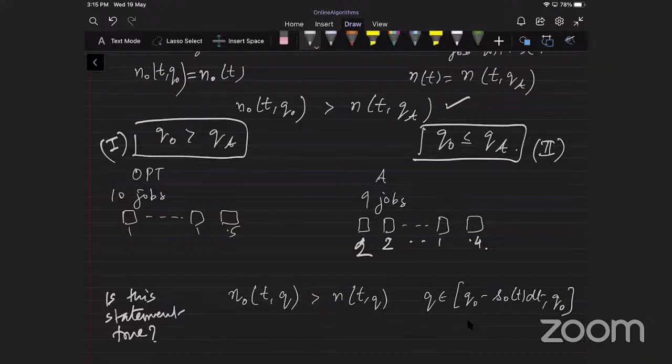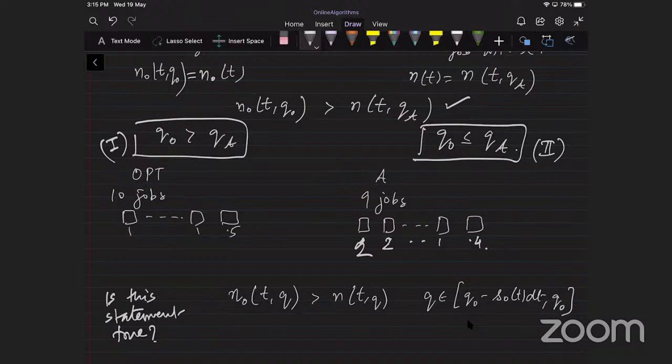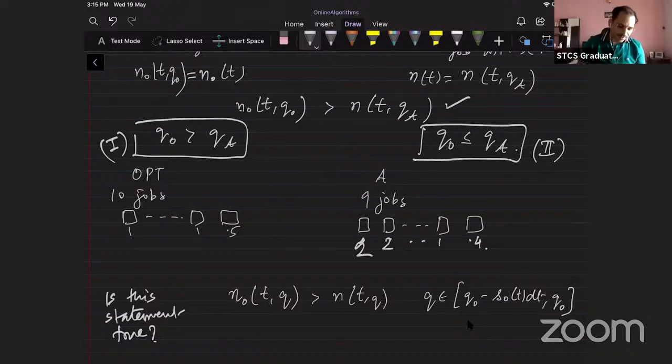Yes, I mean this should be true for Q belonging to QA to Q0. Is this statement true or not? Yes. And why? Because still N0 jobs, so N0 of T comma Q is still equal to N0 of T, and N of T comma Q is less than N of T. So in one case it is obvious, other case you have to work a little.